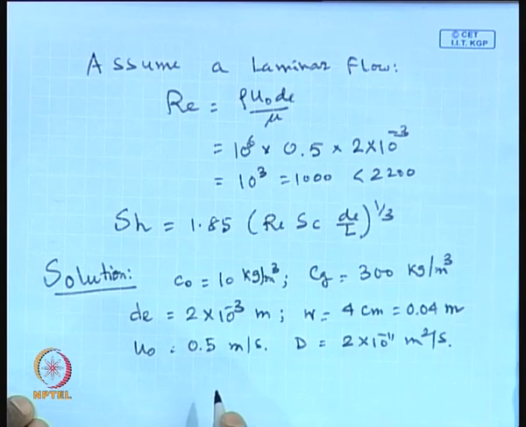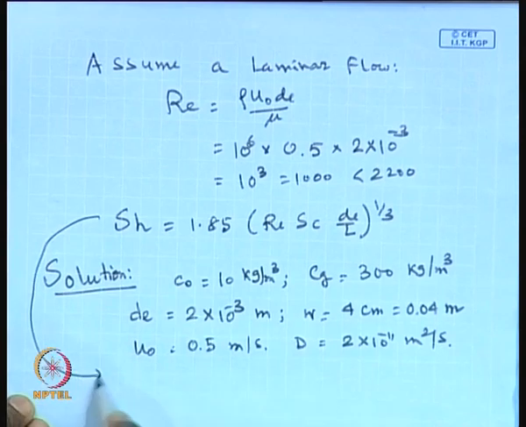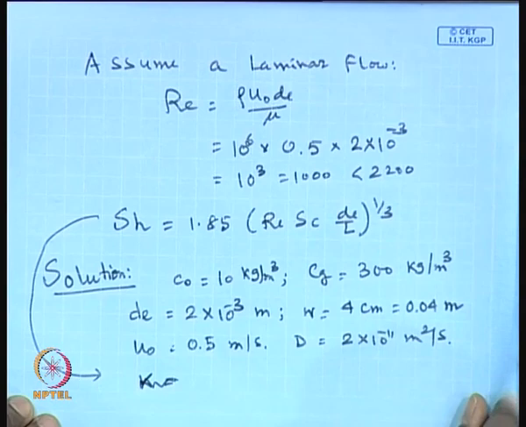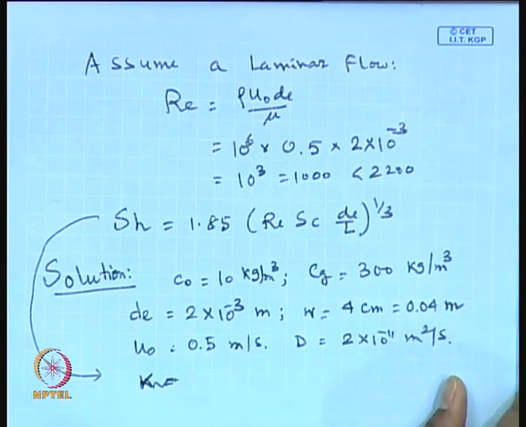So, if you can calculate the mass transfer coefficient from this relationship, it will turn out to be... I have to do it, then things will be clearer to you. So, the first step will be estimation of the mass transfer coefficient from this relationship.